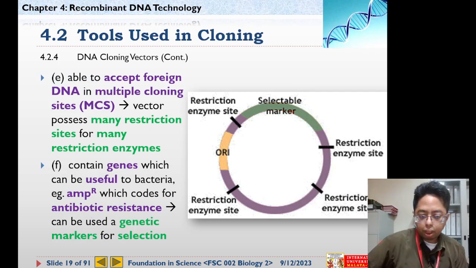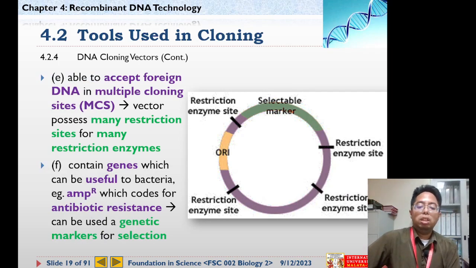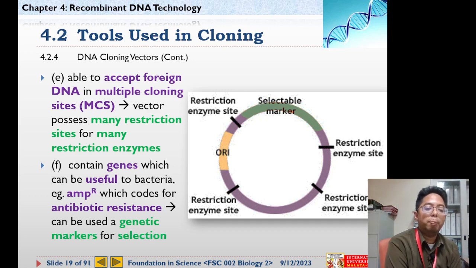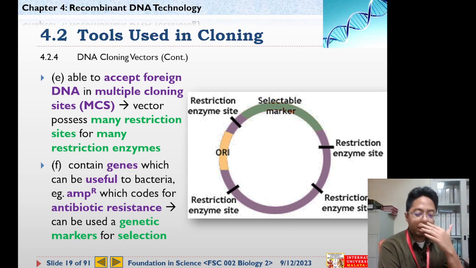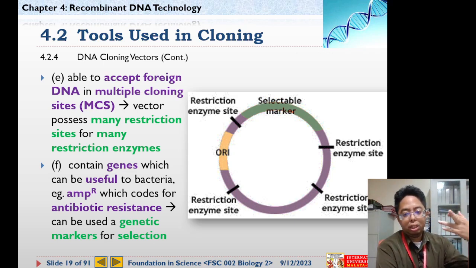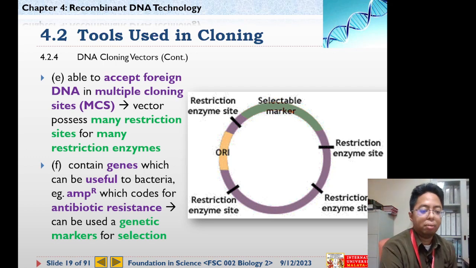So the vector, the plasmid here, must be able to accept foreign DNA in multiple cloning sites. Because many of these cloning sites would have many different enzymes, it means that there are many places where the new DNA can be inserted.